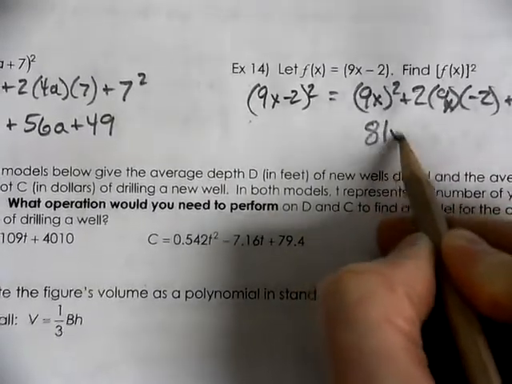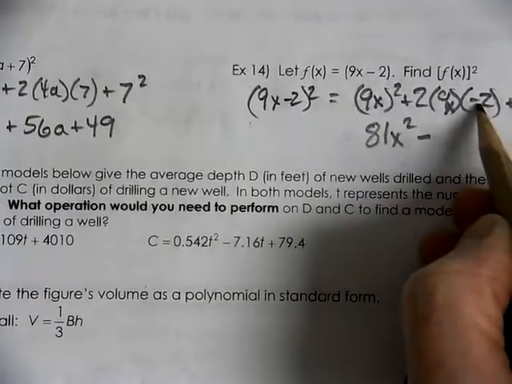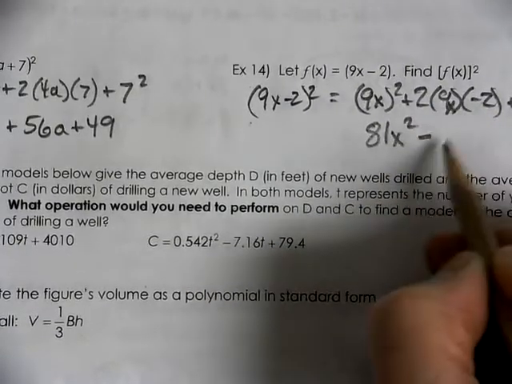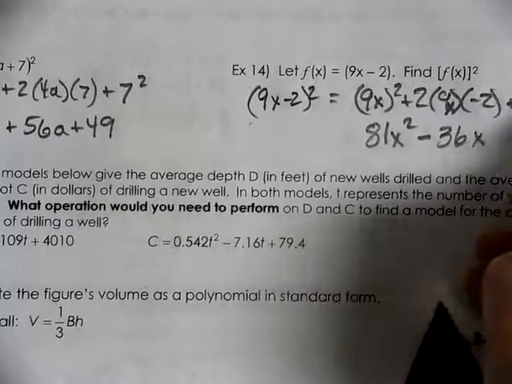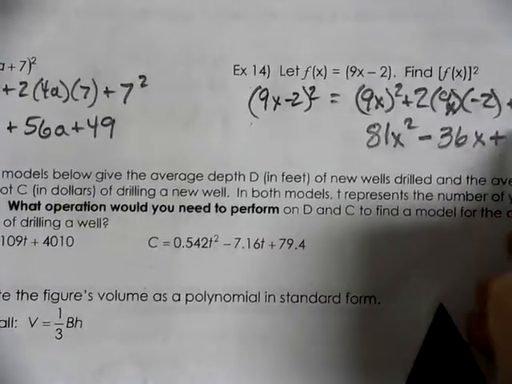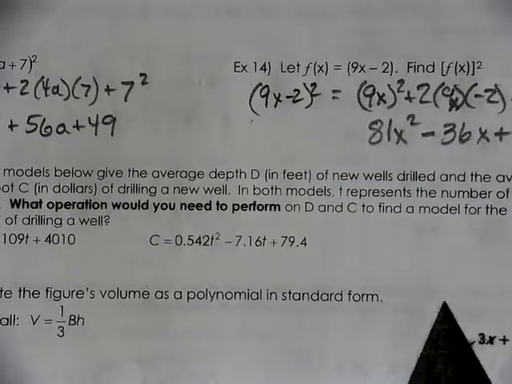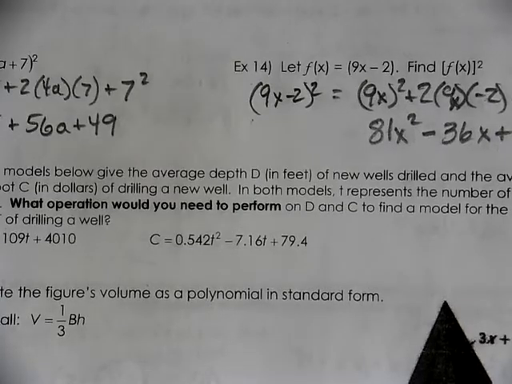Well, that gives us 81x squared minus 36x plus 4. A negative 2 times a negative 2 is a positive 4.